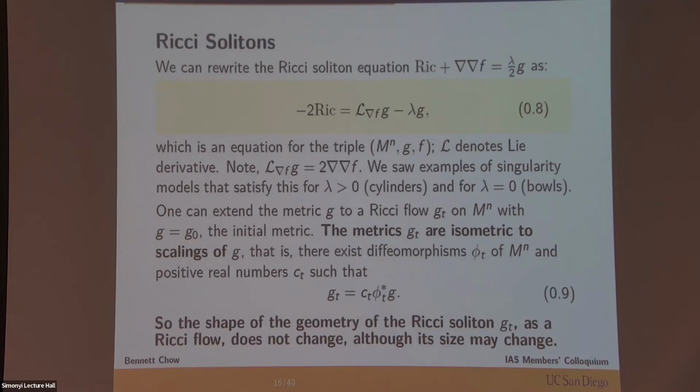And this is just what I said earlier: think of the static equation, maybe in some sense as an elliptic equation, and how it corresponds dynamically to a solution of Ricci flow. It's simply moving by diffeomorphisms in the displayed equation, that's the t-dependent diffeomorphisms, and then scalings, those are the positive constants depending on t.